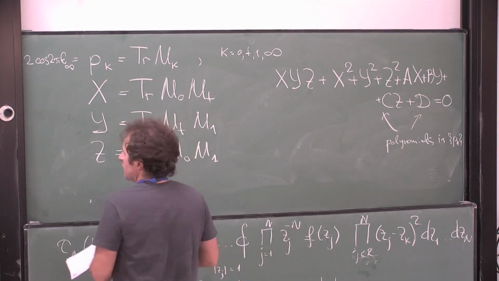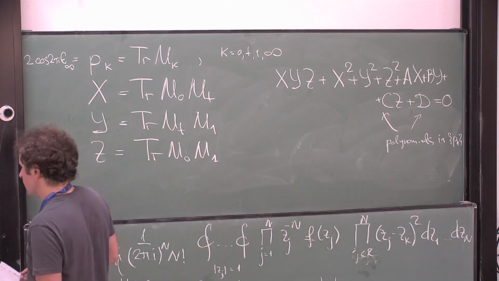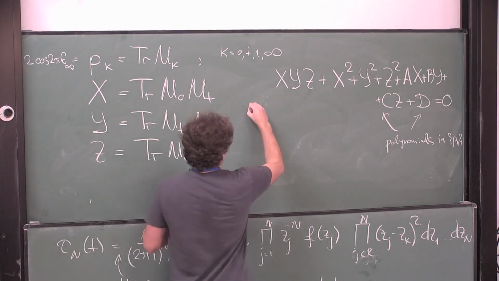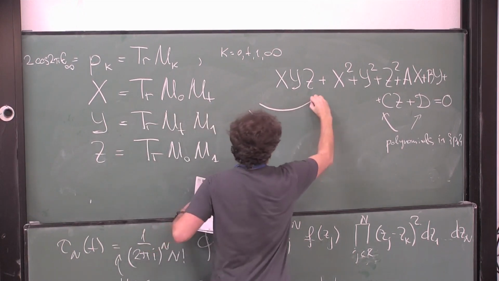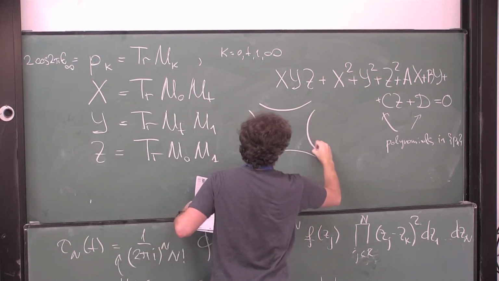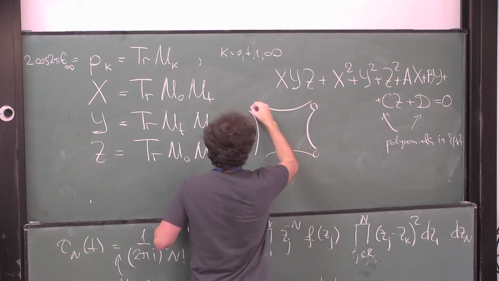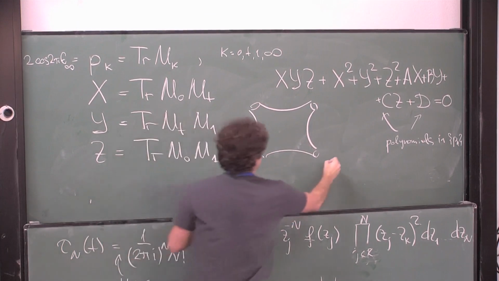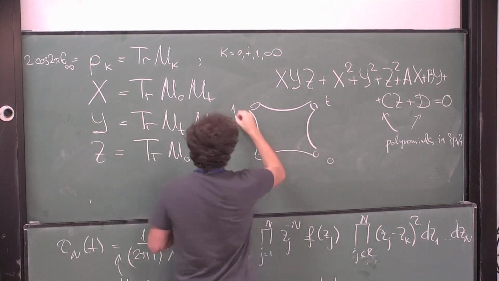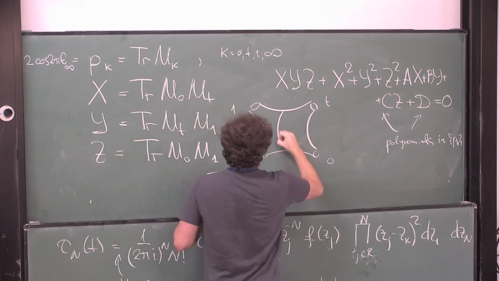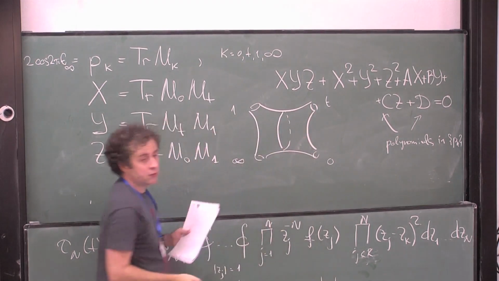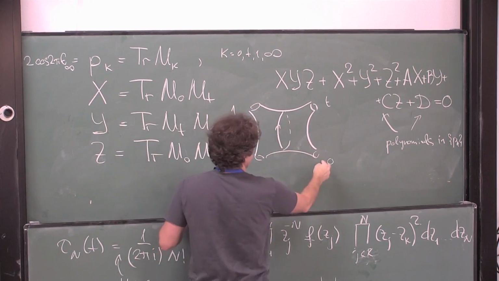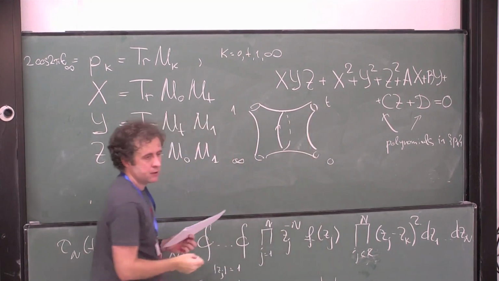Now, let me come back to this picture of the Riemann surface once more. The trace function x corresponds to the monodromy of our fundamental solution around the points 0 and t.